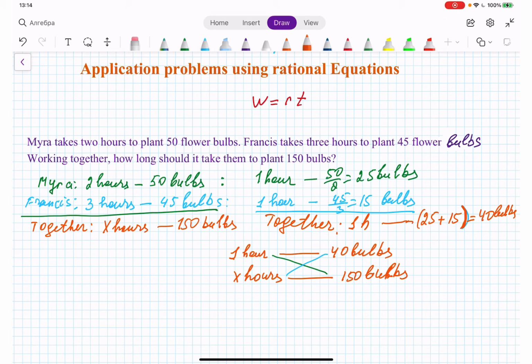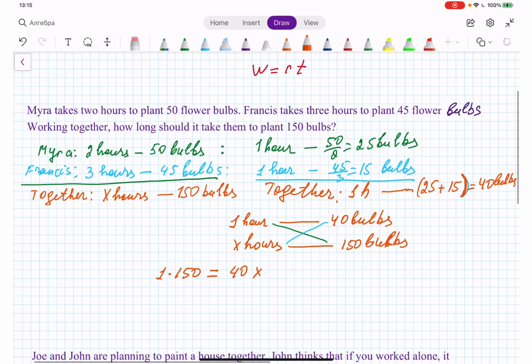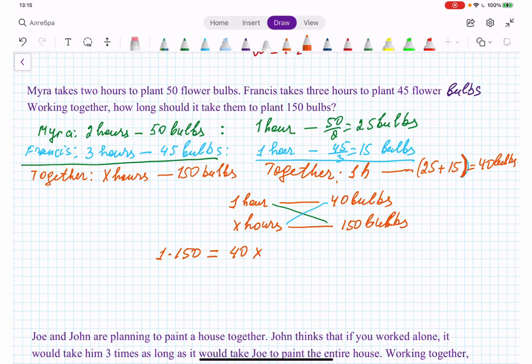So we are getting 1 times 150 is equal to 40 times X. Dividing by 40 both sides, X is equal to 150 divided by 40.